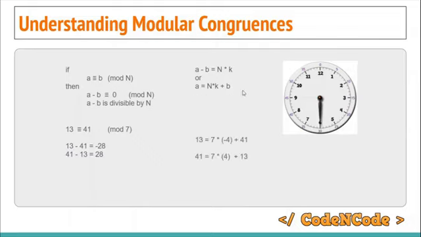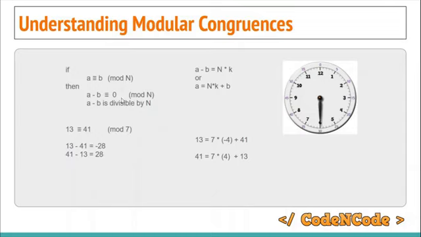So to represent this equation, since a and b are congruent to each other, you can write a as n times k plus b, or b as n times k plus a. To represent this fact, take an example like this. We know 13 and 41 are congruent to each other, so I can write 13 as 7 times minus 4 plus 41, which results in 13, or 41 I can write as 7 times 4 plus 13.